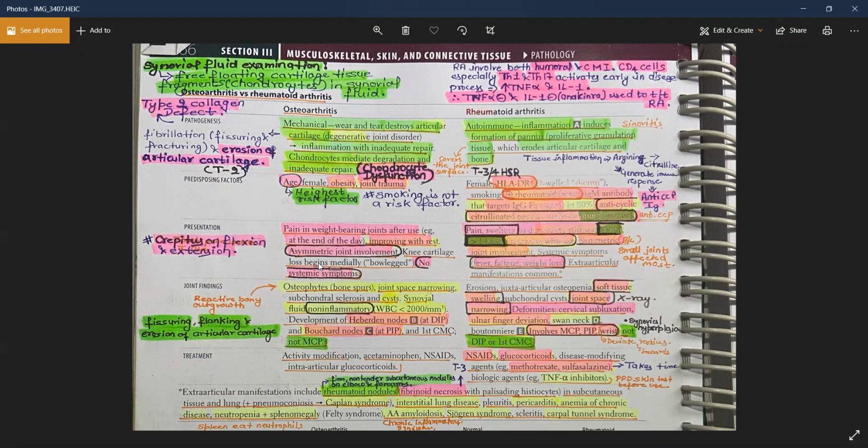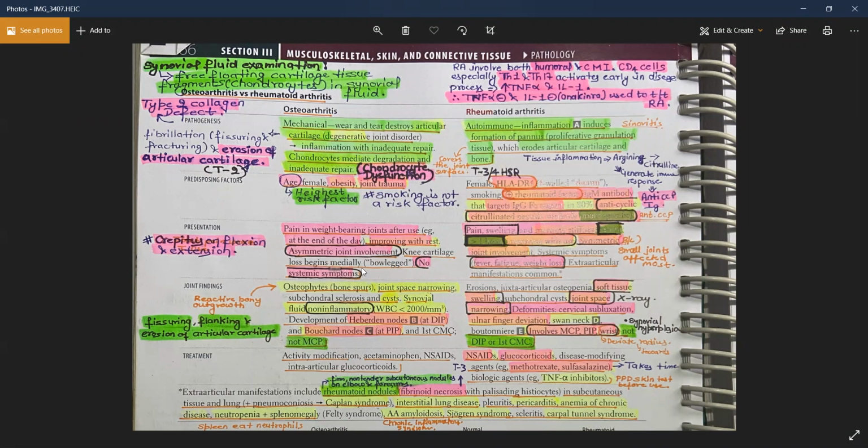And it is an asymmetric joint involvement, which means it is generally a unilateral condition. But rheumatoid arthritis is a symmetric or bilateral condition. Very important. And you do not have any kind of systemic symptoms in osteoarthritis.